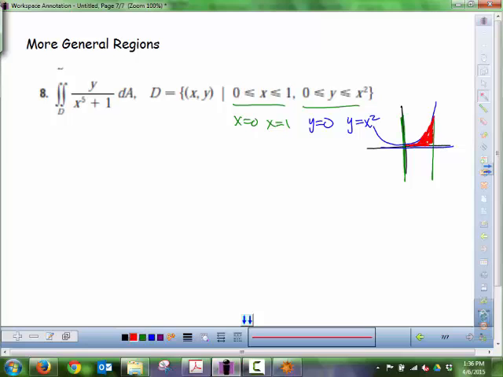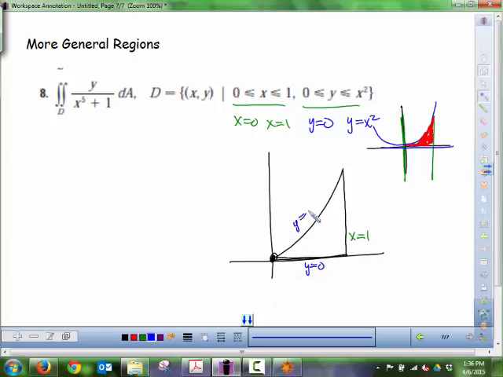All right, let's blow this up just a tad bit, and label at least what's left over here. I don't know if I need to label x is equal to 0, but x is equal to 1 looks like it's important to label. And then y is equal to 0, and y is equal to x squared. So these are the limits, or this is the drawing that I want you to have.